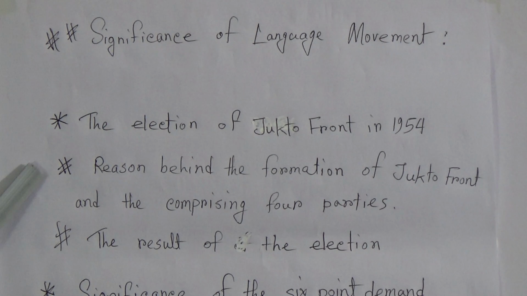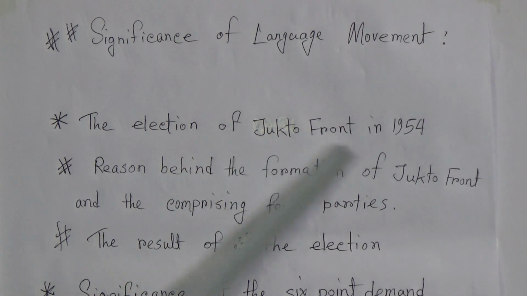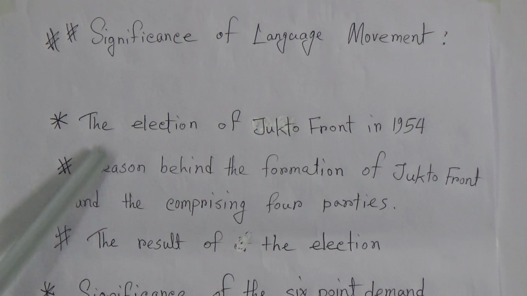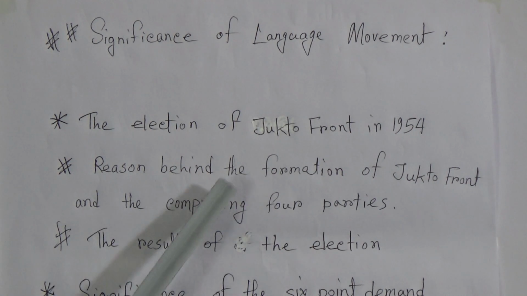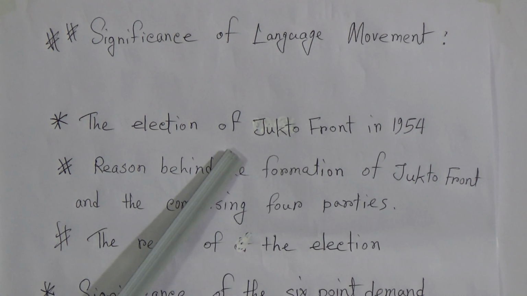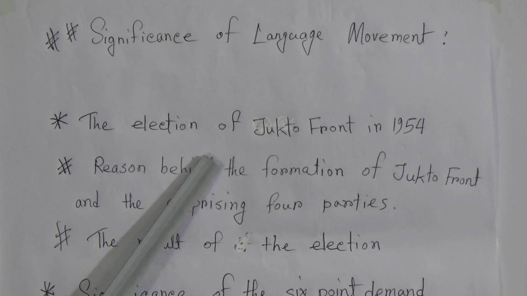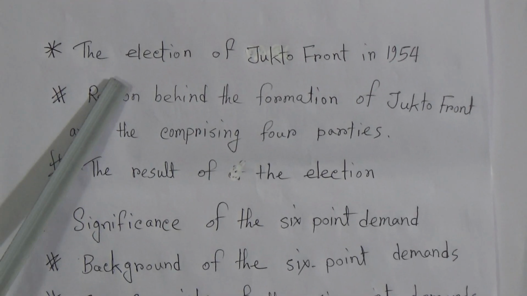Then according to the question of the assignment, you have to write about the election of Yukta Front in 1954. Okay, here you can write the reason behind the formation of Yukta Front and the 4 parties comprising it. How was the Yukta Front formed?